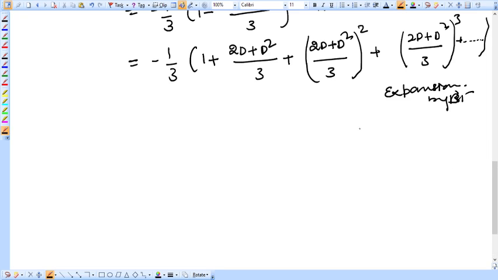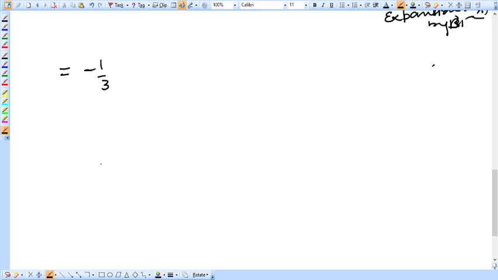At the end, when the expansion is done, you will have to write x square here. Why? Because Q is equal to x square in this case. So this is equal to minus 1 by 3.